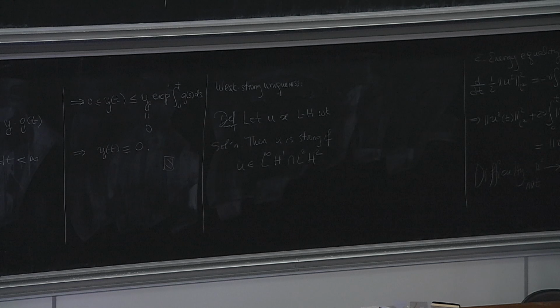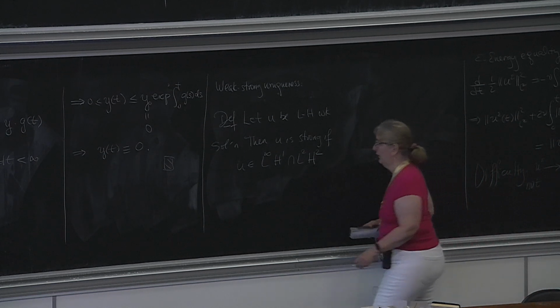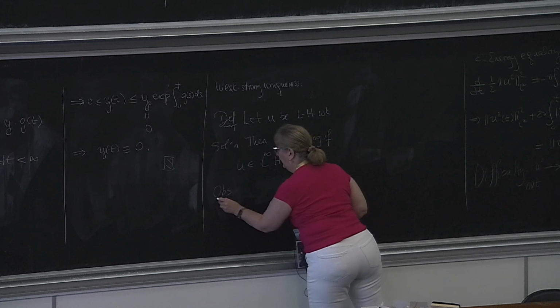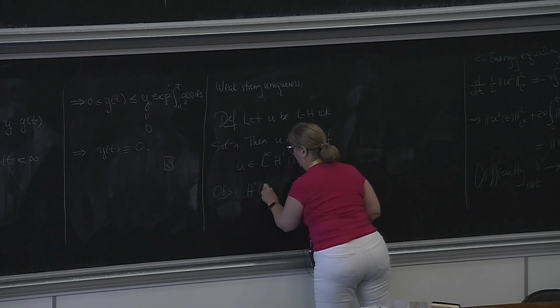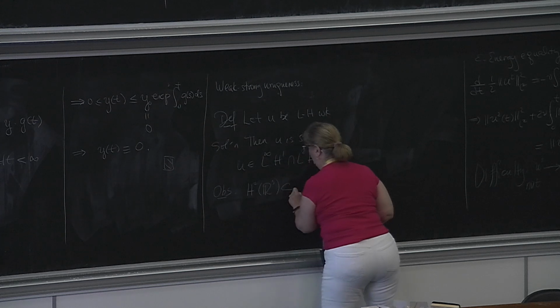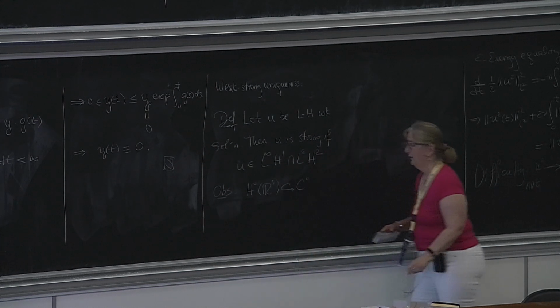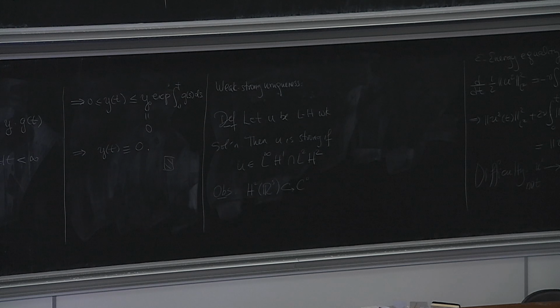Okay? So if in addition to the usual estimates that you have for Leray-Hopf, you also have L infinity H1 intersect L2 H2. Okay. Notice that H2 of R3 is continuous, in particular bounded. Okay.